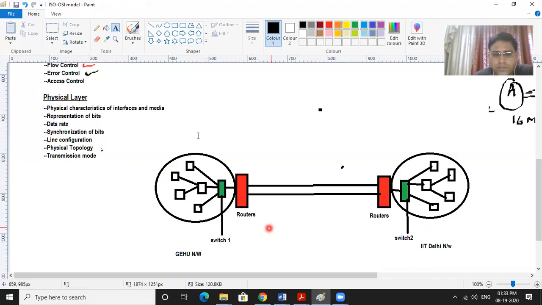Now, this is how the network architecture works. Let us suppose someone from IIT Delhi, at this system, is sending a mail to you. They are sending a mail to our network, and they want to send it from this system to this system.